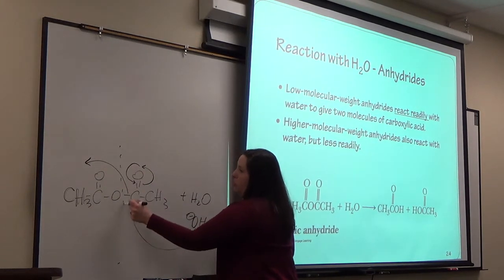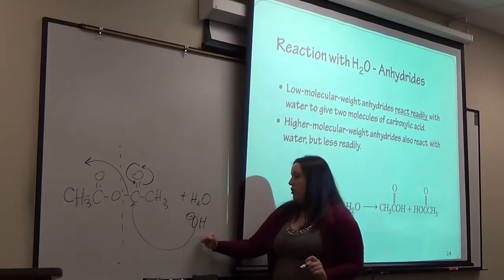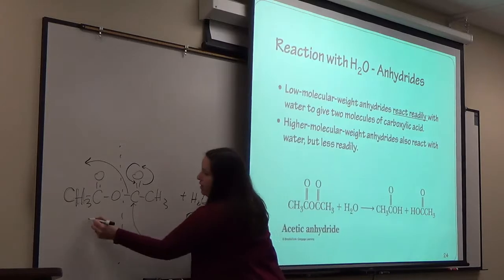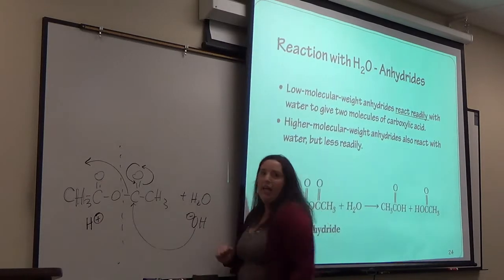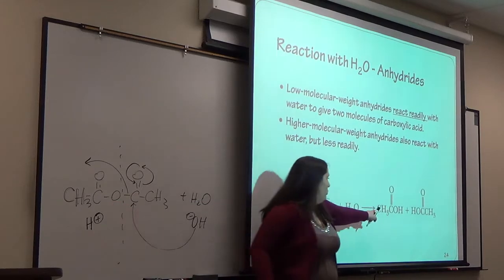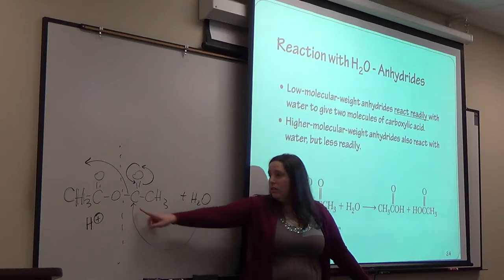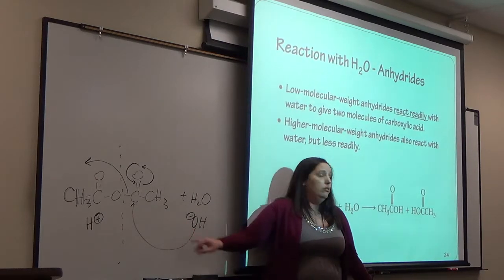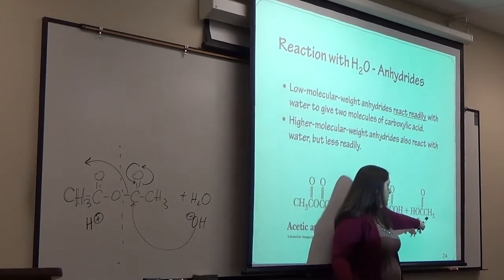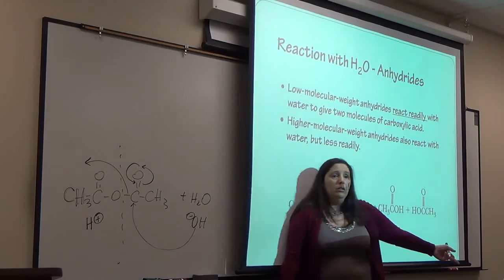So the leaving group is really this side. And I've already used up my OH, but I have an H plus from water that's hanging around. So this is going to come together to form one of the products. The other side gets the OH right here as the nucleophile, and it makes the other one. Does that make sense?